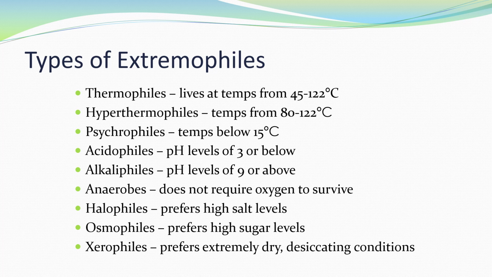An example of an acidophile is going to be an organism that we talked about before, Helicobacter pylori, which is a bacteria that lives in stomach ulcers, which, you know, if it's in the stomach, that has a pH of 2. So it makes sense that those guys are acidophiles.